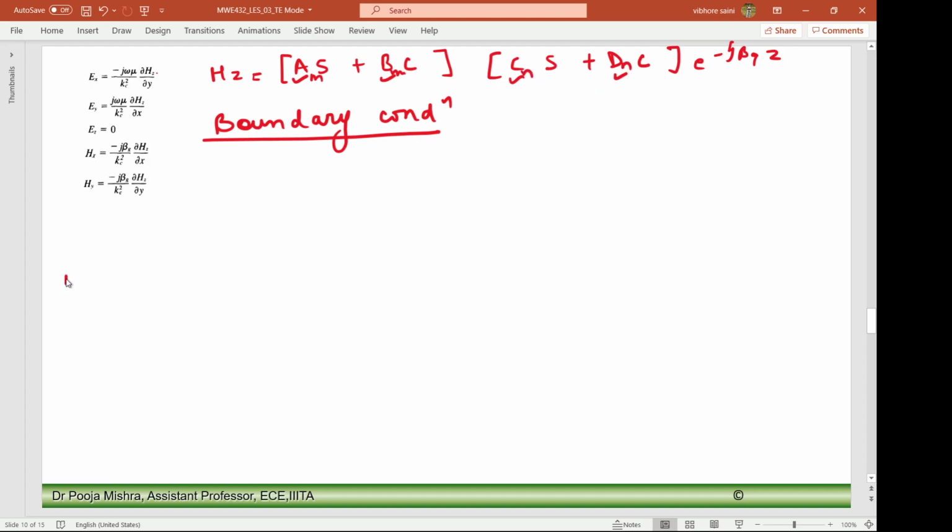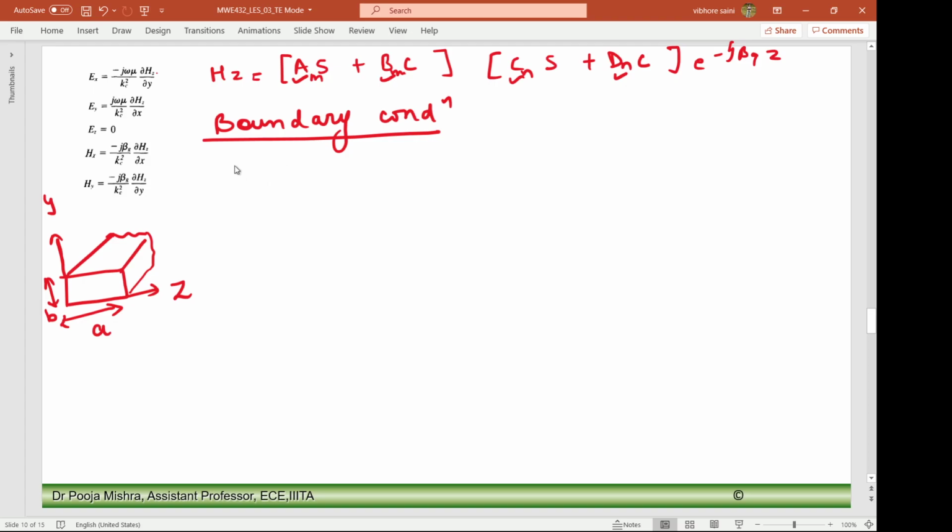In order to apply the boundary condition, first we'll redraw the rectangular coordinate system and the rectangular waveguide within it. Along the x-axis the dimension was a, along the y-axis the dimension was b. So what is the boundary condition?